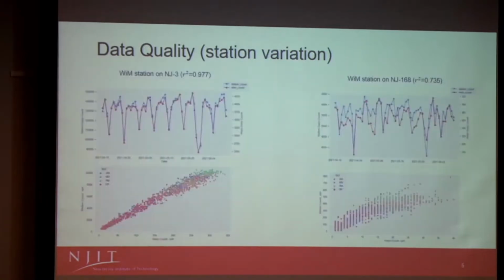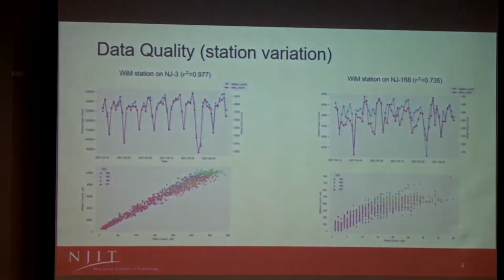We also investigated some discrepancies with respect to the trends of the data set compared to the ground truth for each station, and we compared what we see from a WIMS station and what we see from the sample. Particularly here on New Jersey 3, we have a very well matched, I would say perfect match, data trend for each time period.